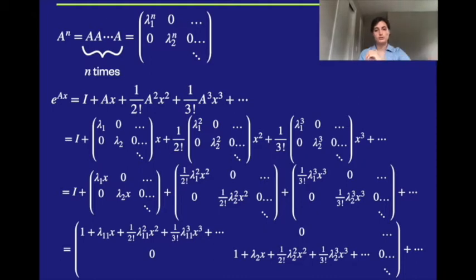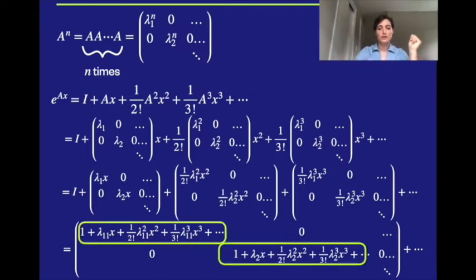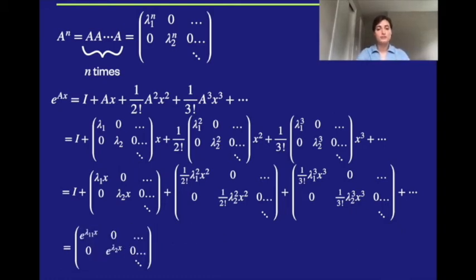And each term on the diagonal is 1, given by the identity matrix at the very beginning, then the eigenvalue that you're looking at times x, plus the square of the eigenvalue times x squared divided by 2 factorial, and so forth. So we are left with something that is exactly the exponential of the eigenvalues we were looking at. So we can easily replace this with exponential of lambda1 x, exponential of lambda2 x on the diagonal of our matrix.